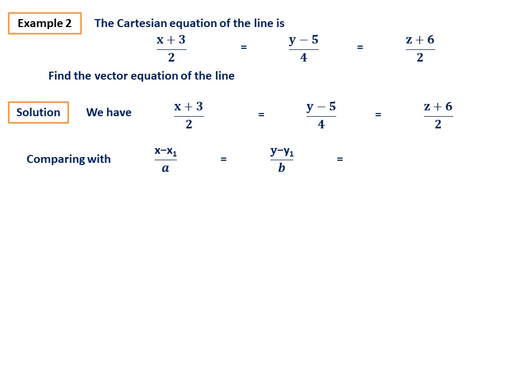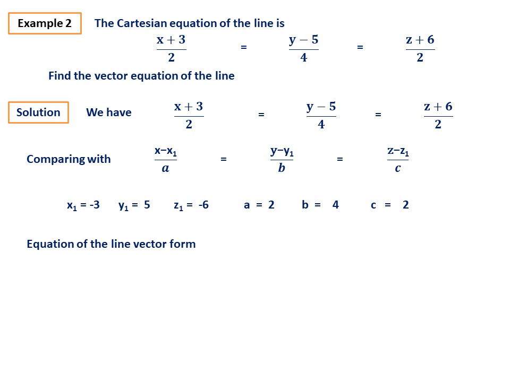Comparing with the Cartesian form, (x − x1)/A = (y − y1)/B = (z − z1)/C. Therefore definitely x1 is −3, because where it is x − x1, here it is x + 3. Then similarly y1 is 5, z1 is −6, and A is 2, B is 4, and C is 2. Now substitute.